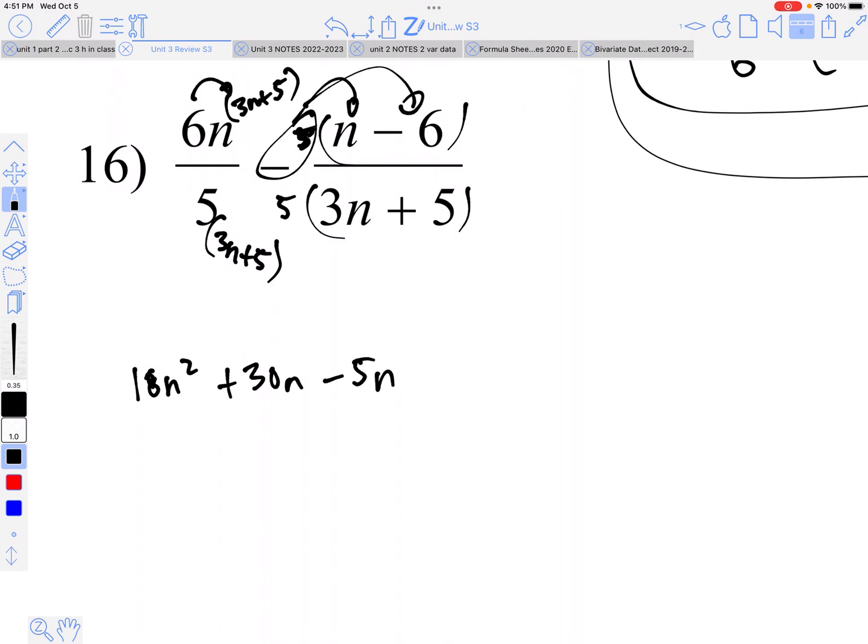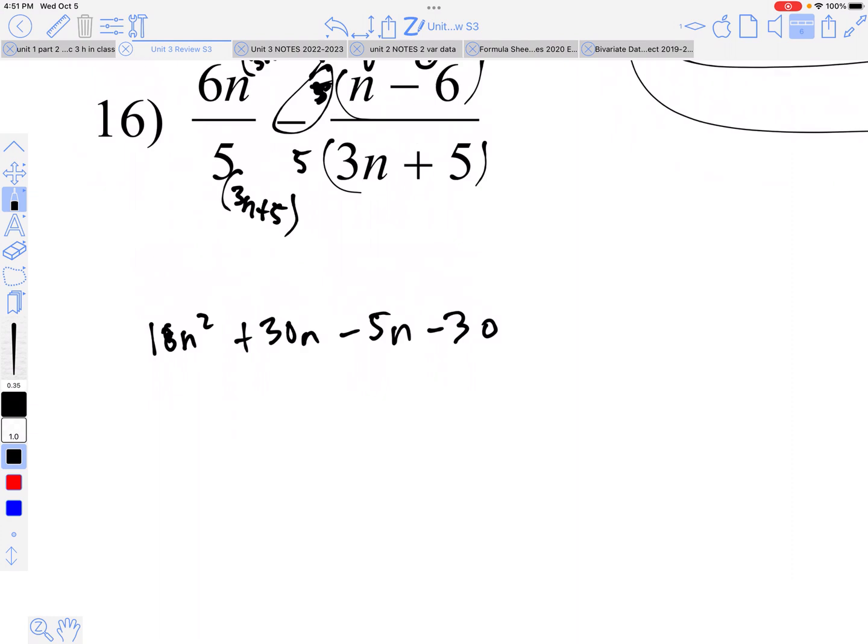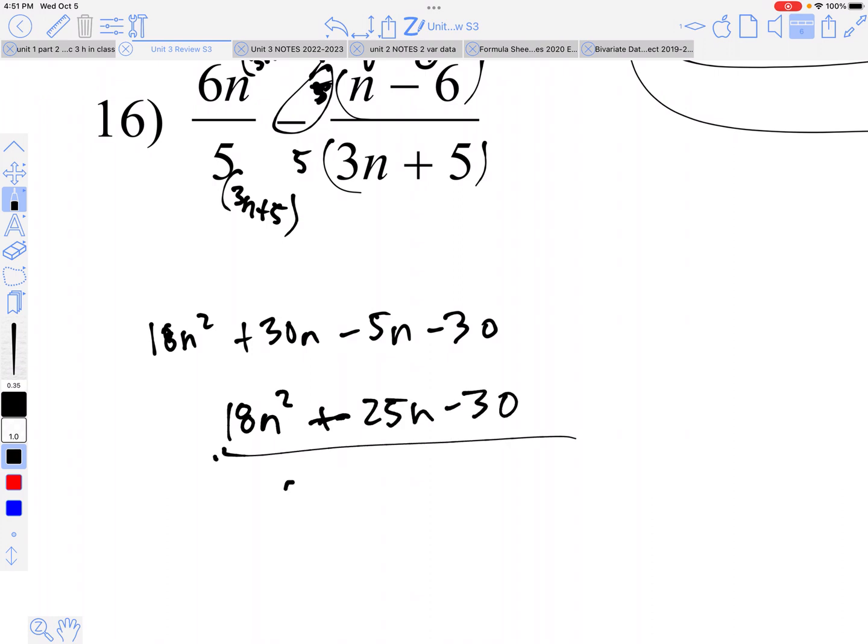So negative 5n, and then negative 5 times 6 will be negative 30. All right, so in the numerator, we're going to have 18n squared plus 25n, we have like terms there, minus 30, divided by 5 times 3n plus 5.